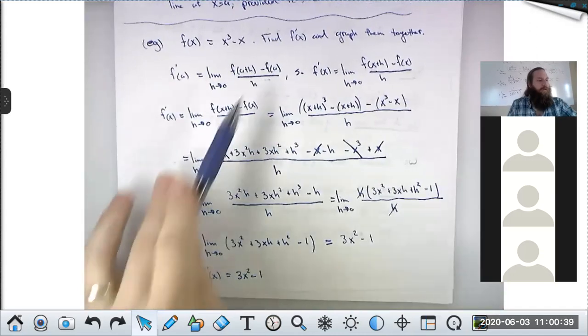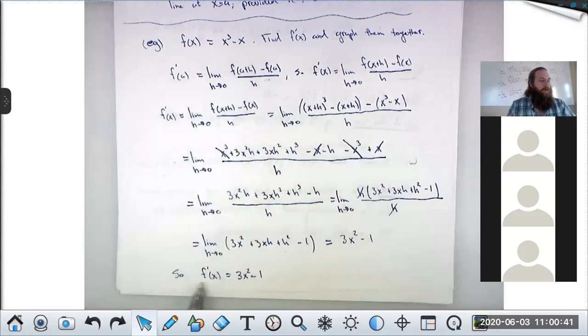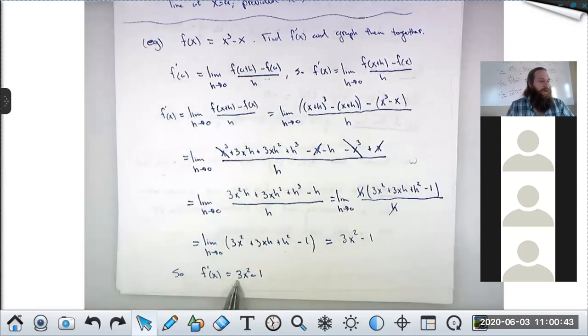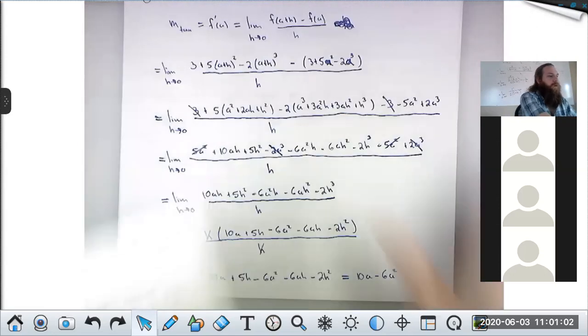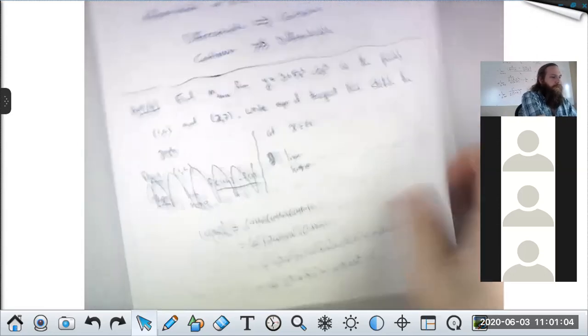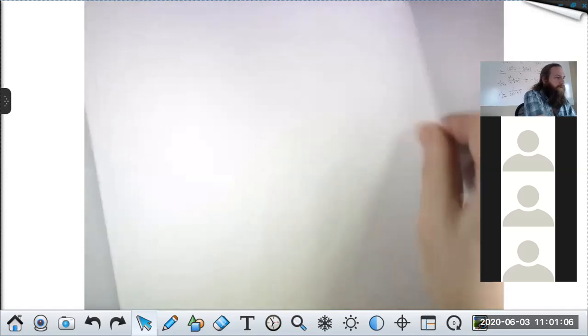If I had done this with the a's instead of the x's, I would get f prime of a equals 3a squared minus 1. The only difference is that it comes out with the variable x instead of the variable a, which is nice because then I can graph them both on the same coordinate axes. Since I said you should be comfortable graphing x cubed minus x by hand, I think it's only fair that I do that. So let me dig up a sheet of fresh paper.